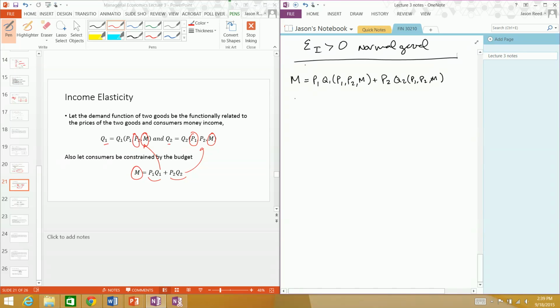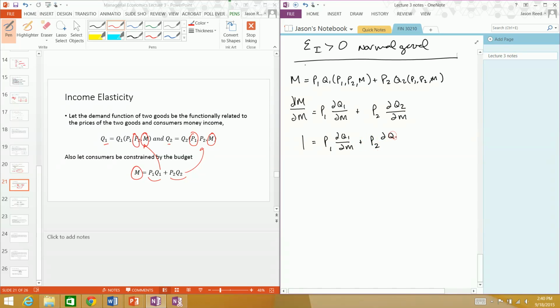So we take the partial with respect to m, so that we get P1 dQ1/dm plus P2 dQ2/dm. Right, this left side goes to 1. So we have this relationship forming now.